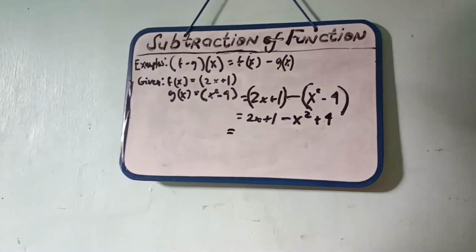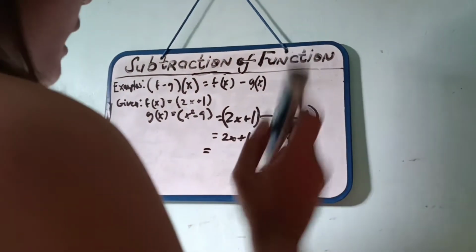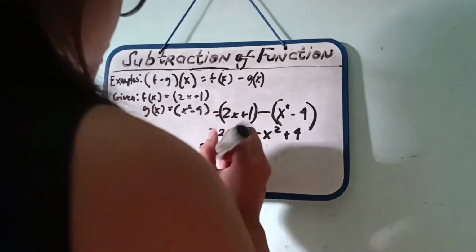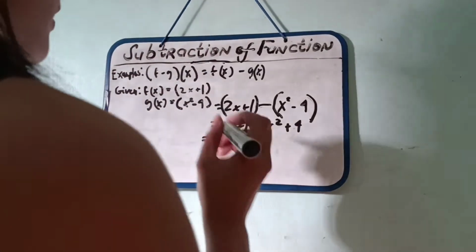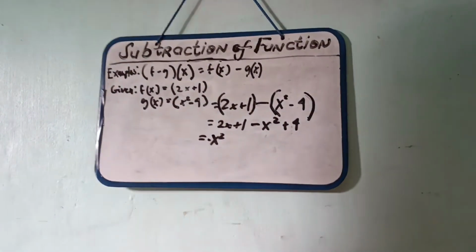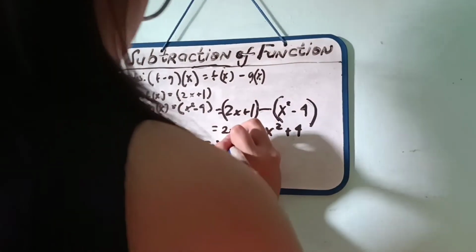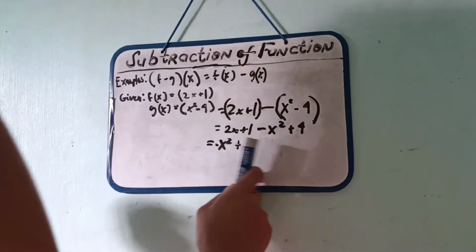So, combine like terms na nga. Yung x squared, wala naman siyang same na sign. So, ito unahin natin, negative x squared. 2x naman, may same na sign ba yung 2x?